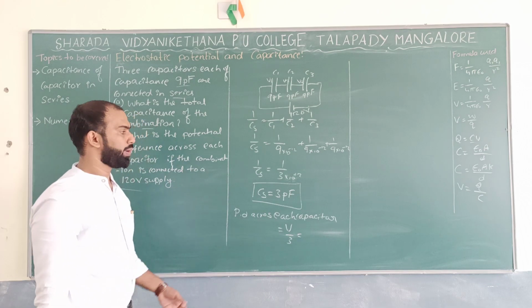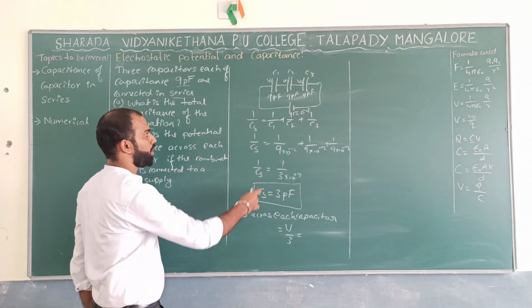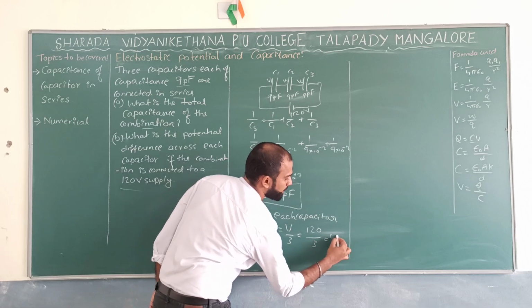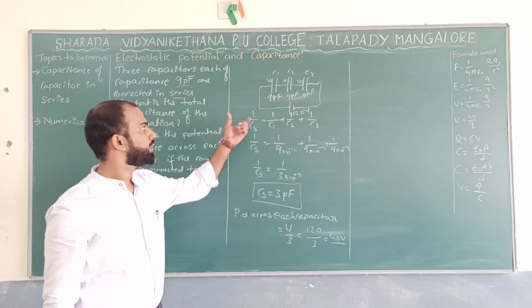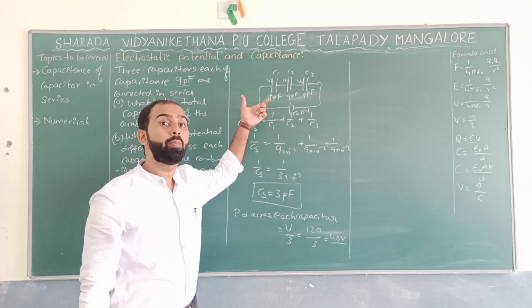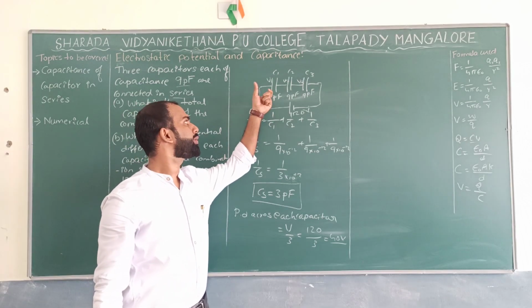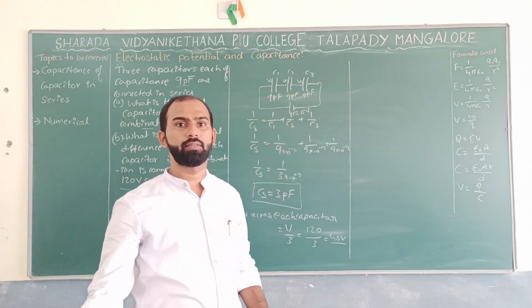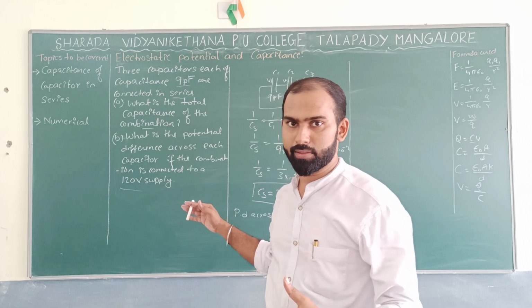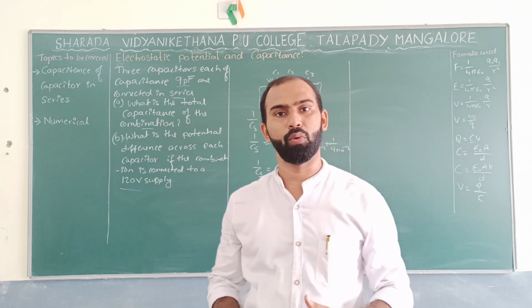What is the value of V we have? That is 120 by 3, which is equal to 40 volt. So each particular capacitor has how many volts? 40 volt, 40 volt, 40 volt. This is how exactly we can expect the capacitance value as well as the voltage value over here.